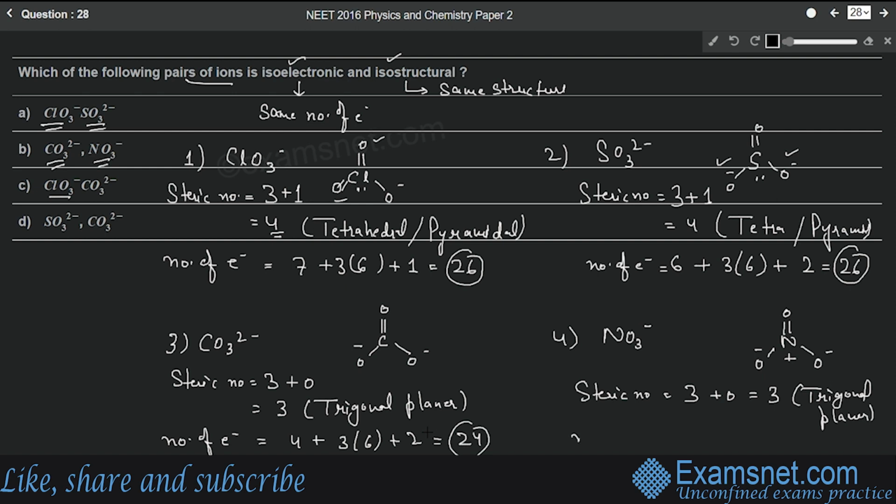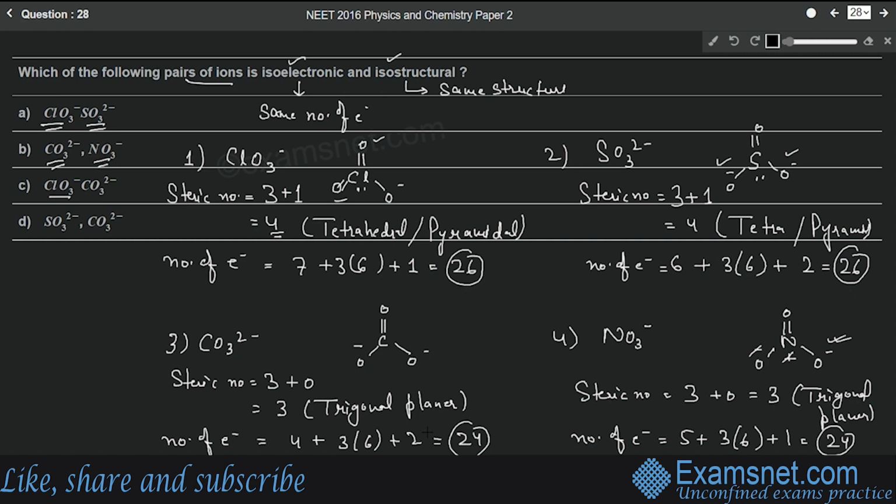Now the number of electrons. How many electrons in the valence shell of nitrogen? 5 electrons, plus 3 oxygen atoms, so 3 into 6, and 2 minus charge, but 1 plus charge is also there, so the 1 plus will cancel out 1 minus, that means only 1 more electron. When we add them up, we'll get 24. So if you compare 3 and 4, you also get the same number of electrons, that means isoelectronic, and the same shape also, that is trigonal planar.